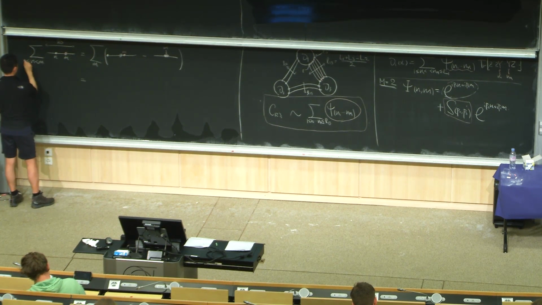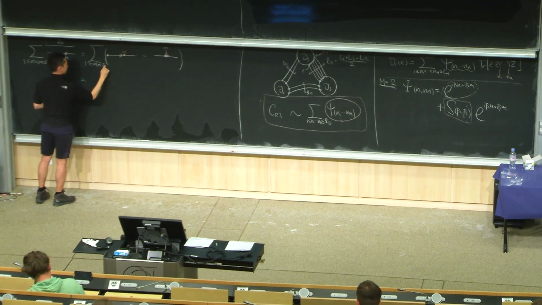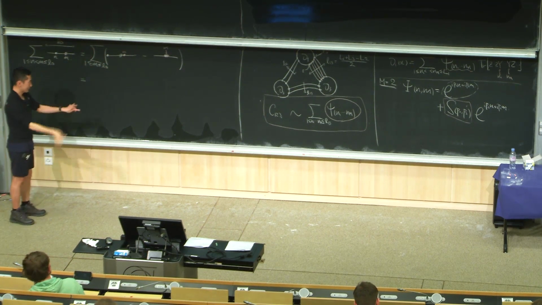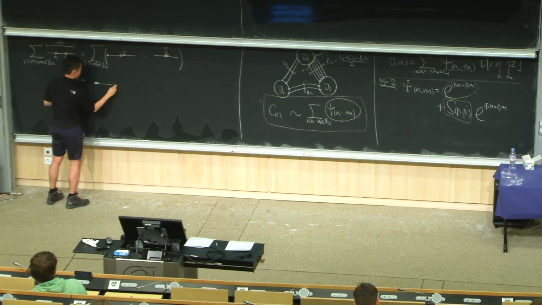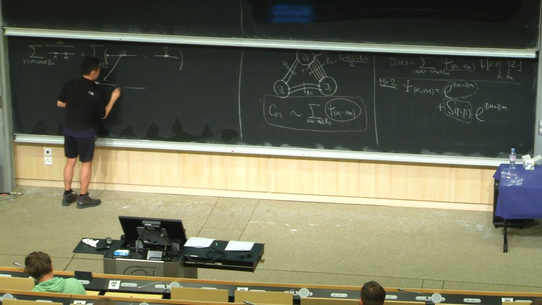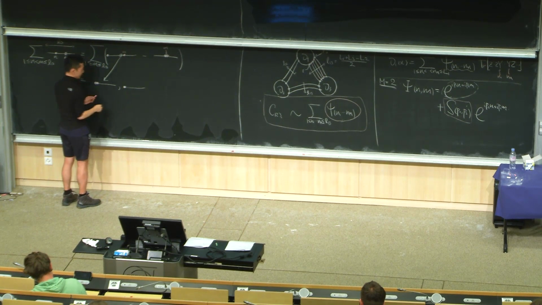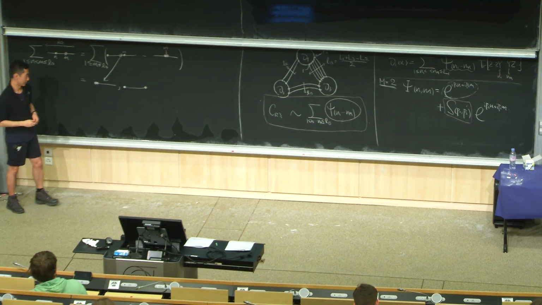Then I can do the second sum. Let's also write the range of the sum. Then it produces several terms. The first term is like this: two particles are both living at the left edge. This comes from this sum. Then there is a different term in which the white particle is living at the left edge and the red particle is living at the right edge.